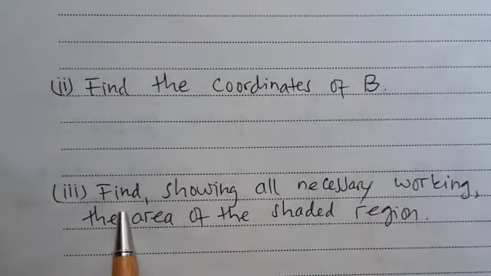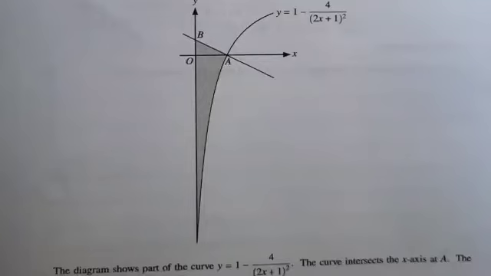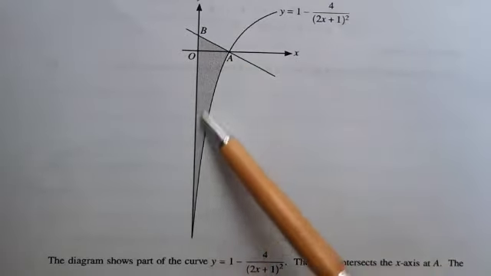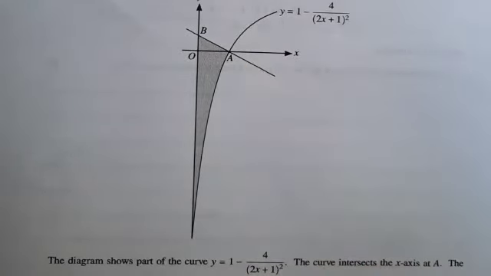And the third question is: find, showing all necessary working, the area of the shaded region. Now we find the area of this shaded region.